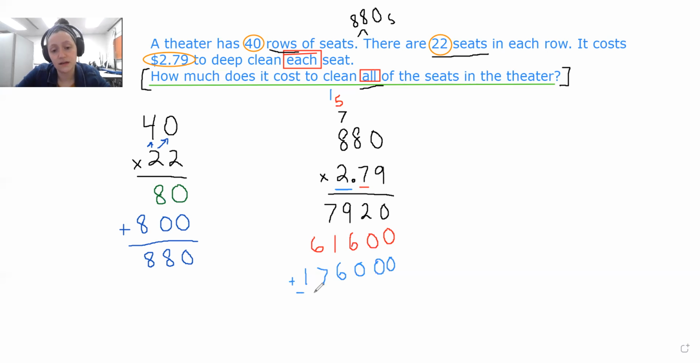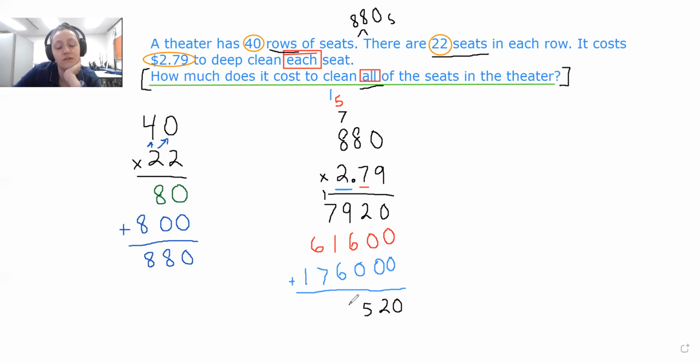Okay. So I can add these numbers all up now. 0 plus 0 plus 0 is 0. Here we have 2. 9 plus 6 is 15. Carry the 1. 1 plus 7, that's going to give me 8. Plus another 1 is 9.